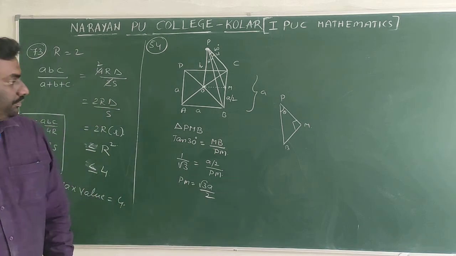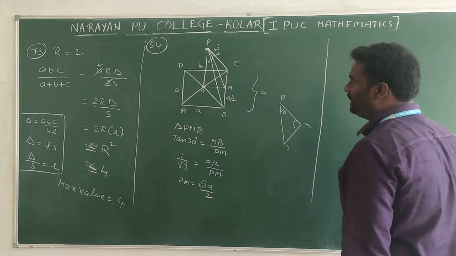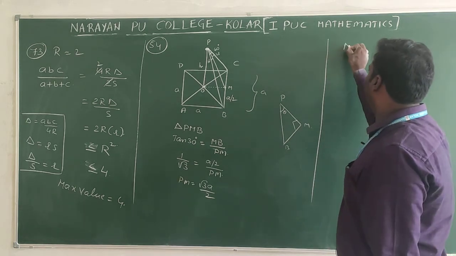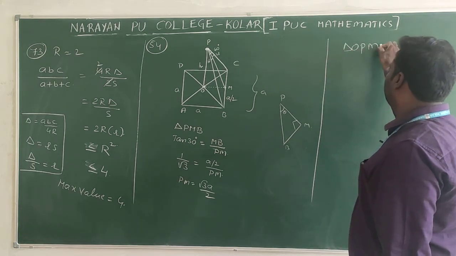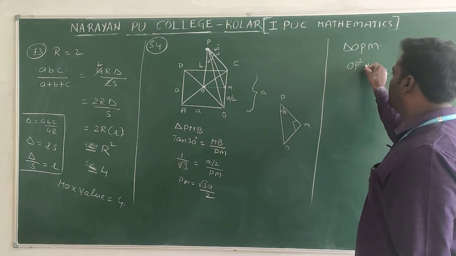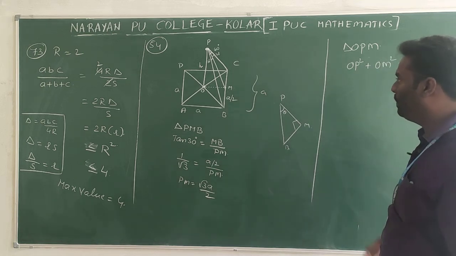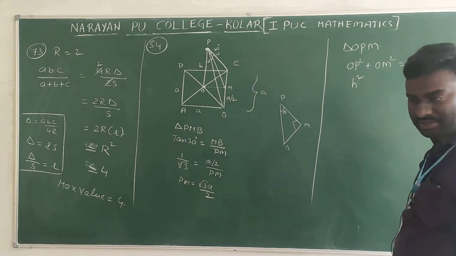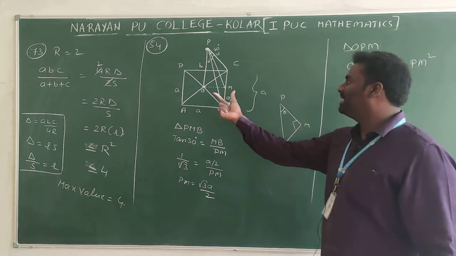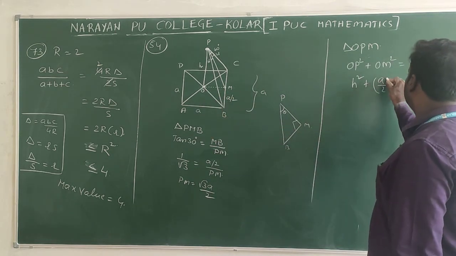Next, if you take the triangle OPM, OPM is a right angle triangle. I am applying the Pythagoras theorem. OP square plus OM square is equal to PM square. OP square is nothing but h square, plus OM is half of the side, a by 2 whole square.